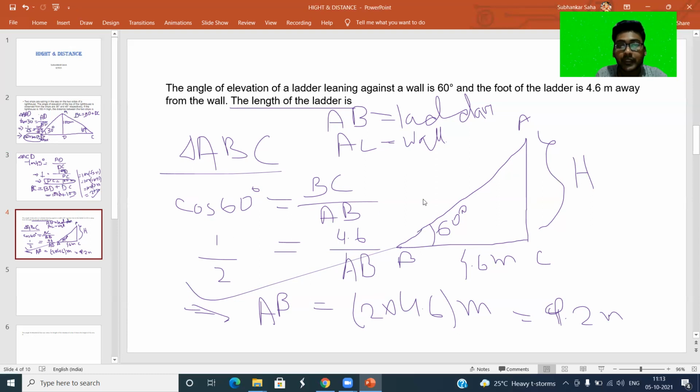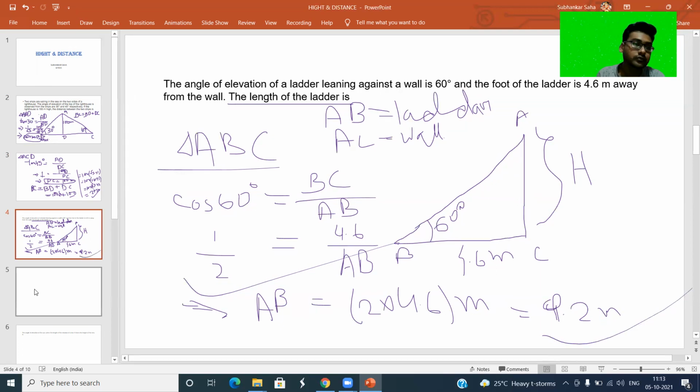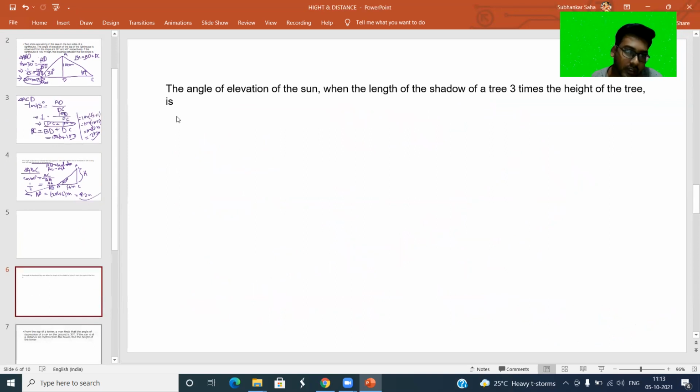Cos 60 degree means base divided by hypotenuse. BC value is 4.6 meter, and we need to find AB value. Cos 60 degree is equal to half. Then AB is equal to 2 into 4.6, which is 9.2 meter. Correct.